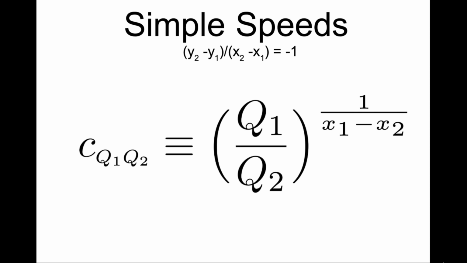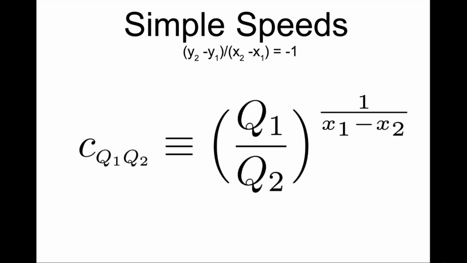We now have a formula for simple speeds, where the ratio between the differences in time and space exponents is -1, so the quantities are on the same diagonal of slope -1. This formula looks identical to the simple length, and just as for the simple length, the numerator is the quantity with the highest space exponent, such that x1 minus x2 is positive.